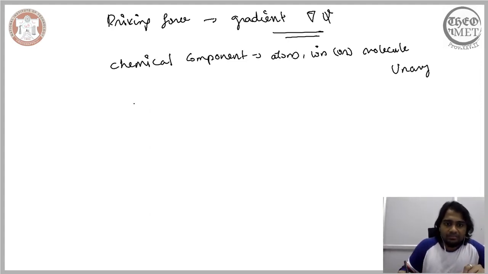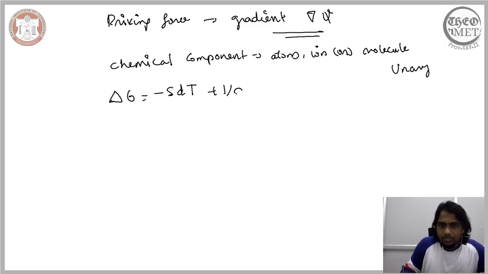Now when we do that, we end up having an expression such as this, which is nothing but the expression that we considered for the Gibbs free energy. So it is the change in the Gibbs free energy as the temperature and the pressure changes.